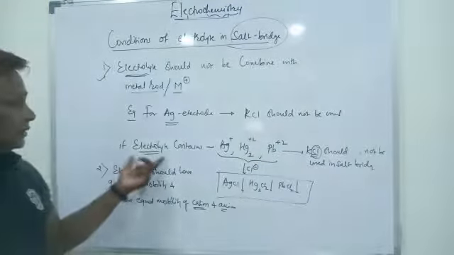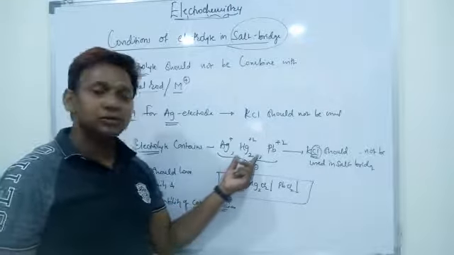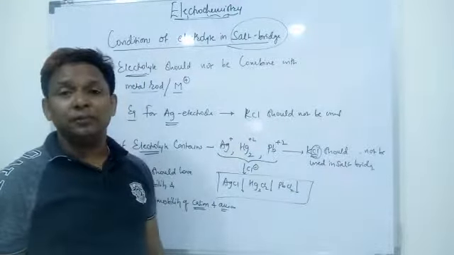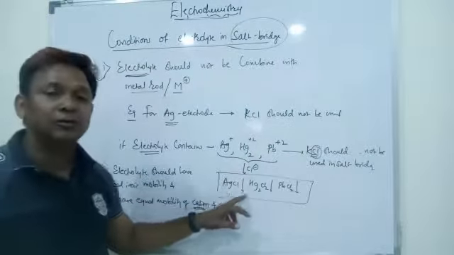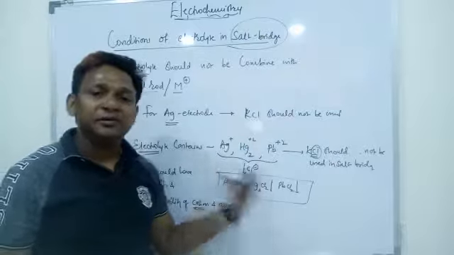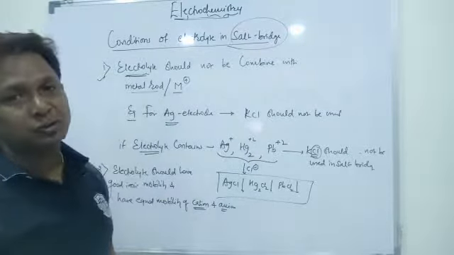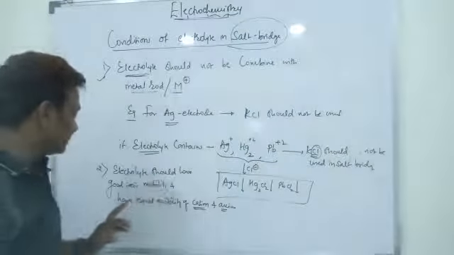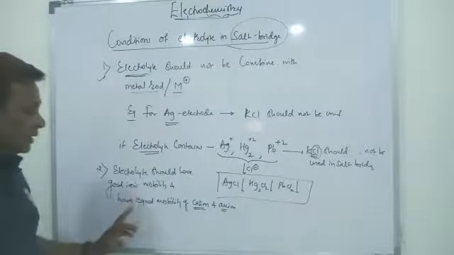If the electrolyte in that half cell contains silver ion, Hg+2 ion, or Pb+2 ion, in that case also KCl should not be used, because the chloride ion from the KCl will combine with these to form precipitate, which will stop the flow of electrons, which in turn stops the flow of current. And the electrolyte in our salt bridge should have good ionic mobility and equal mobility of cation and anion.